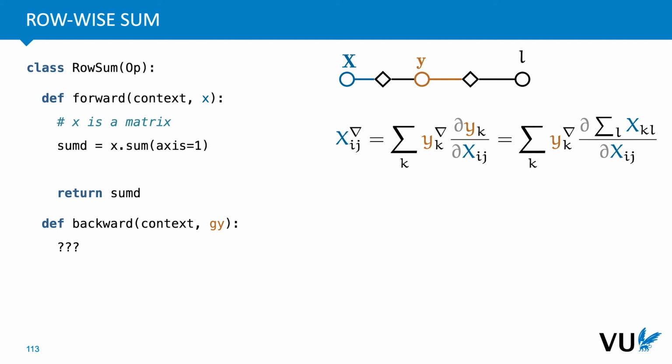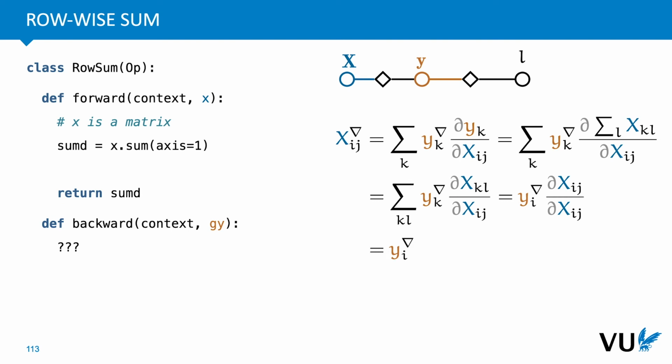Note that in this case, the output only has one dimension because it's a vector, so we only need to index over one dimension, which we do here using the variable k. We fill in the definition of y_k, which is the sum over the kth row of x. We work out the sum, we eliminate any constant terms, and we're left with this, which is simply the derivative for y_i.